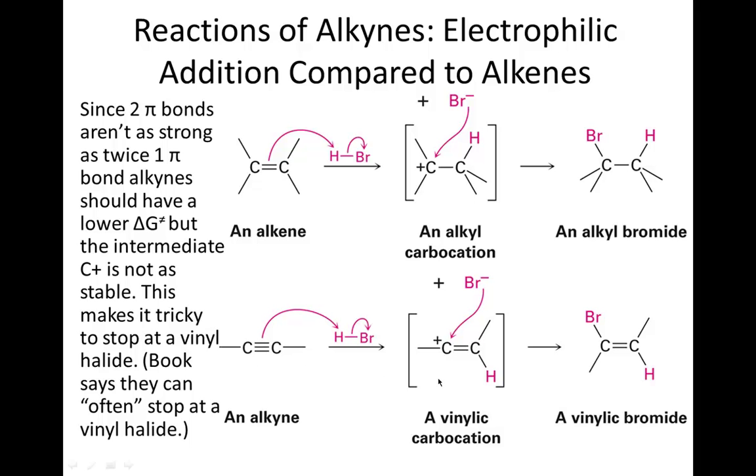And the whole thing about why we made the more stable, the more substituted carbocation was the concept called hyperconjugation. So nearby CH bonds can help fill this empty orbital and leak a little electron density over, and that's why the more of those you put around this guy, the more stable it would get.